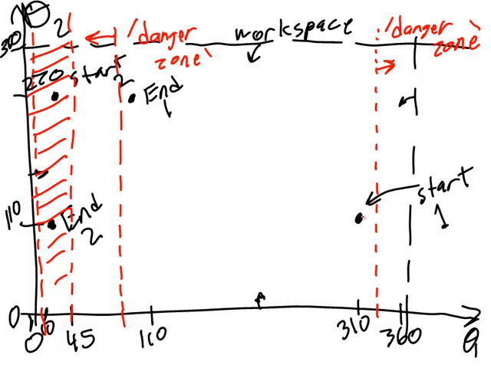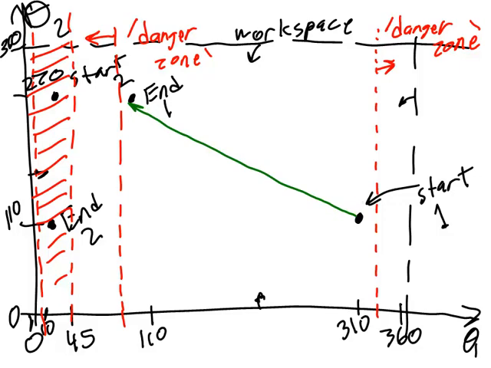Now I can see that my start and end 1 points do not fall either in the guaranteed collision area or in either of these danger zones. This makes this example problem much easier. If there are no other collisions that I have to worry about, we could move from start point 1 to end point 1 in a straight line in configuration space.